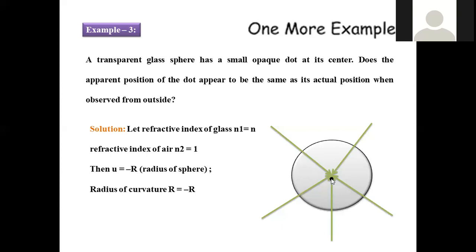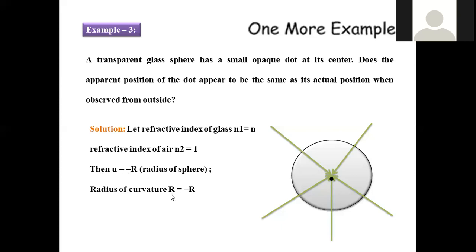So here the object is placed at the center, and from the center you draw the line till the surface of this sphere, so it will appear as r, the radius of the sphere. Being away from the pole point, you can introduce the sign convention as negative. u is taken as minus r.